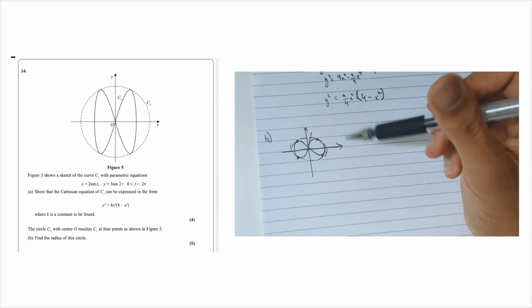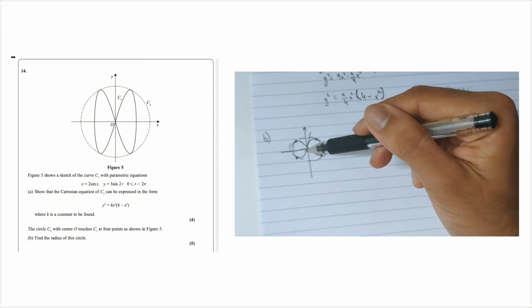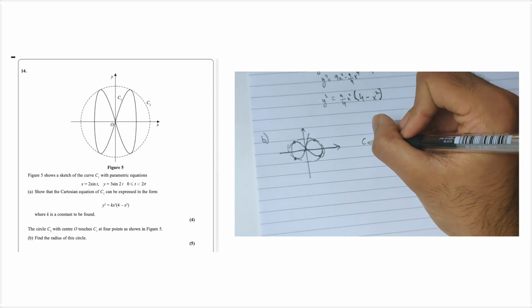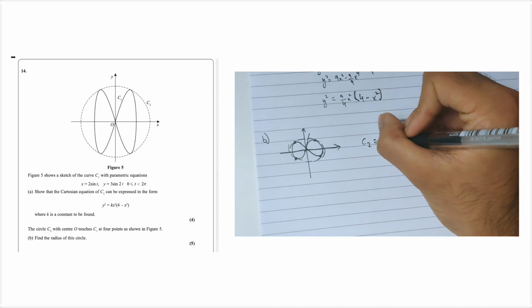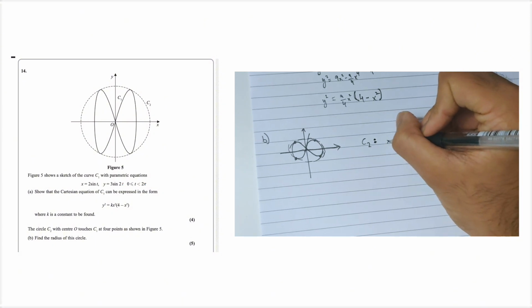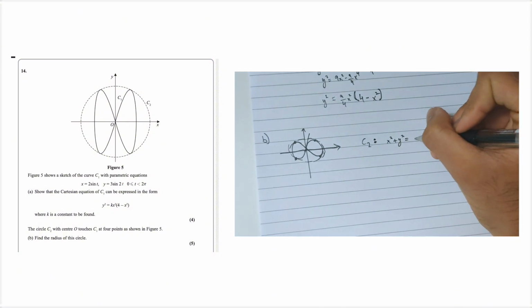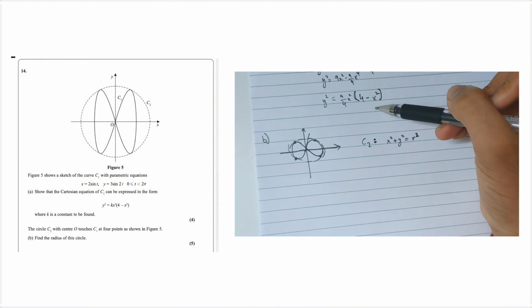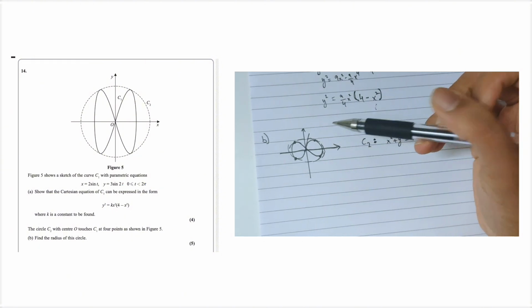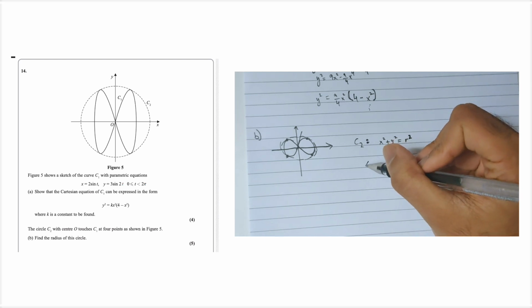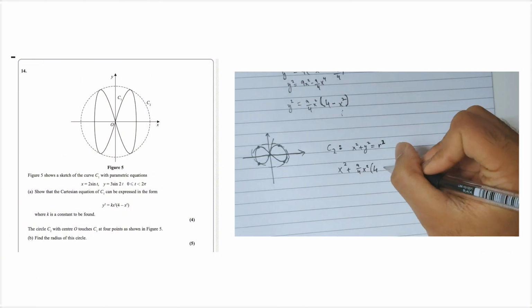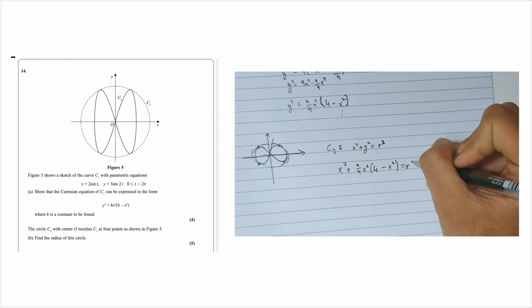Well, first thing, we know that the circle has a center at O, which is the origin. So C2, the circle, is x squared plus y squared equals r squared, where r is the radius of the circle. And since we know y squared is this, at the intersections it would be x squared plus 9 over 4 x squared (4 minus x squared) equals r squared.